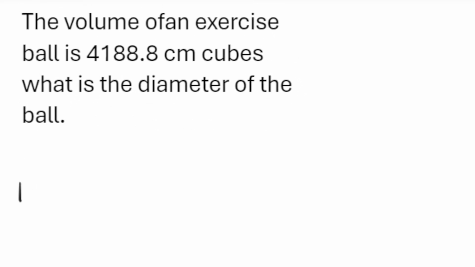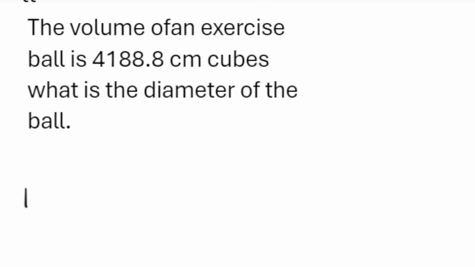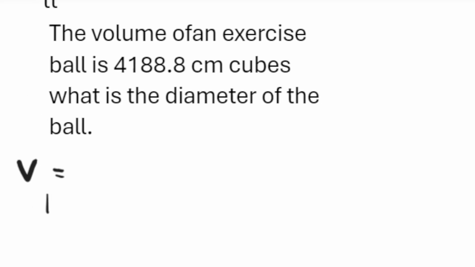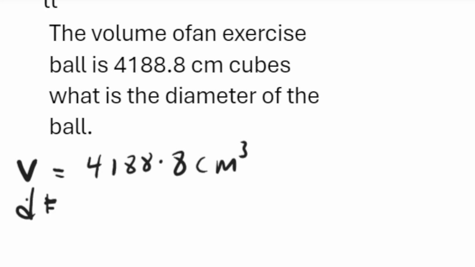So this is the question. We know that our V is equal to 4188.8 centimeter cube. We don't know our D, the diameter. That is what the question is asking us. So first of all, we're talking of a ball.